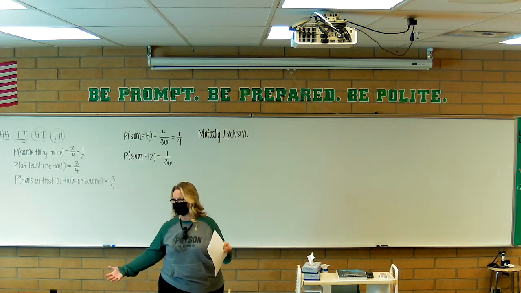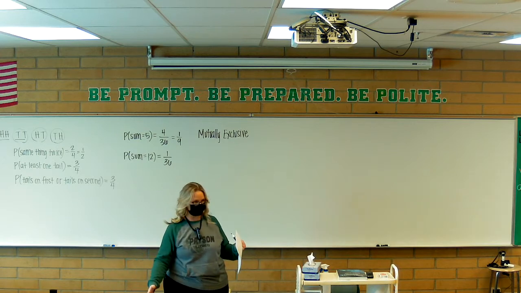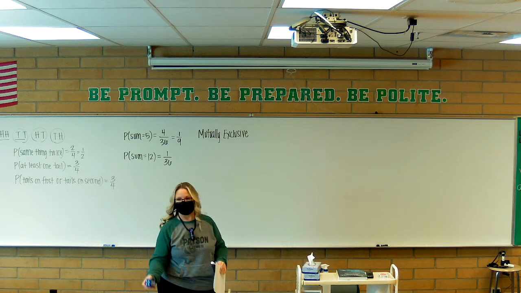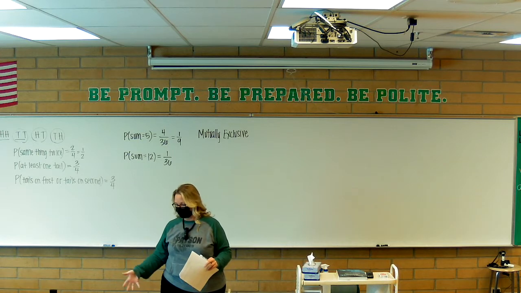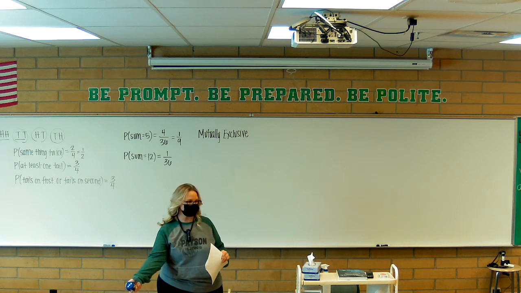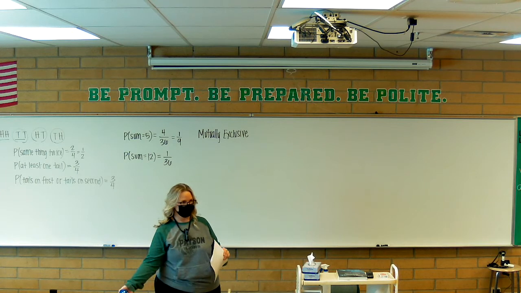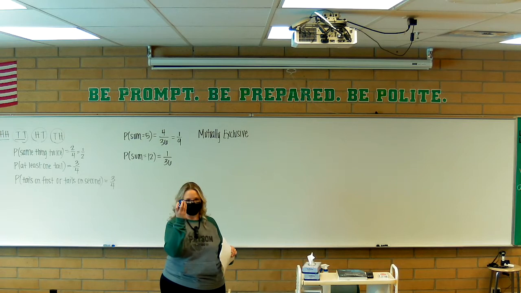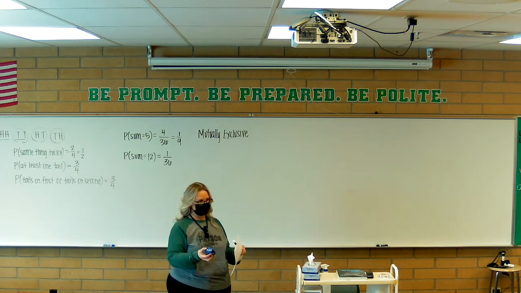They have nothing to do with each other. There is no consequence whatsoever, even if it's just the same die, but rolled twice. Does landing on a 1 the first time prevent me from landing on a 6 the second time? No. So they're only mutually exclusive if it's just one die, one time.